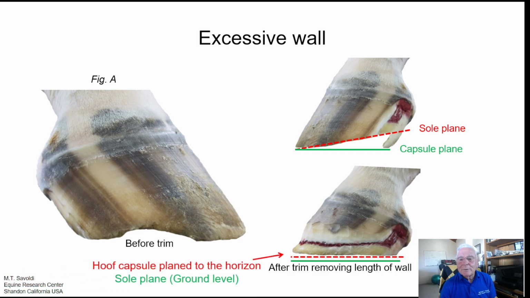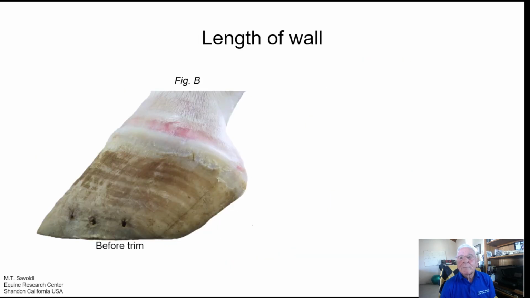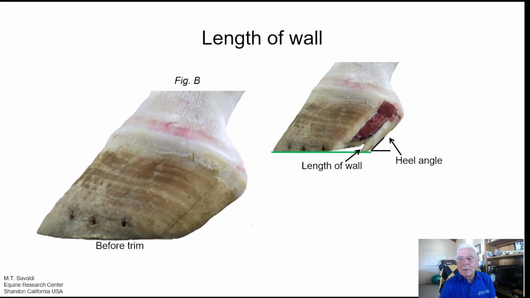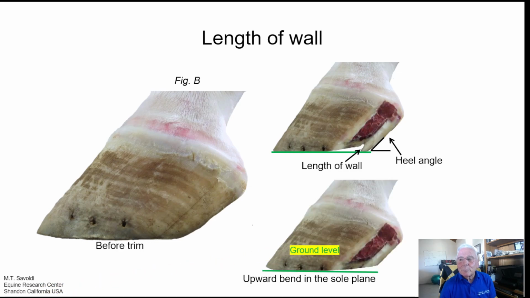And there's our horizontally planed hoof capsule and ground level plane. Length of wall on figure B. There's our length of wall. There's our ground level trim. But this foot is experiencing an upward bend in the sole plane in the heel area.